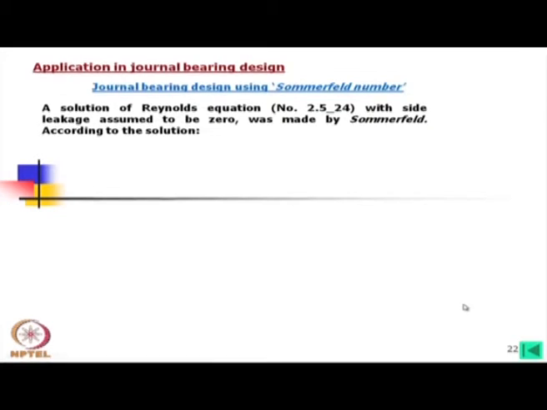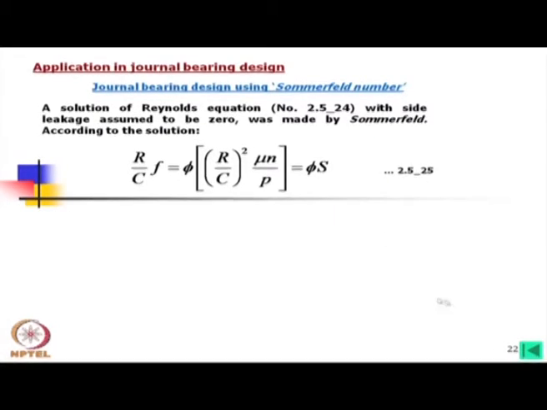Sommerfeld proposed that r by c times f is equal to a function of (r by c) square times mu n by p, that is equal to phi of s.